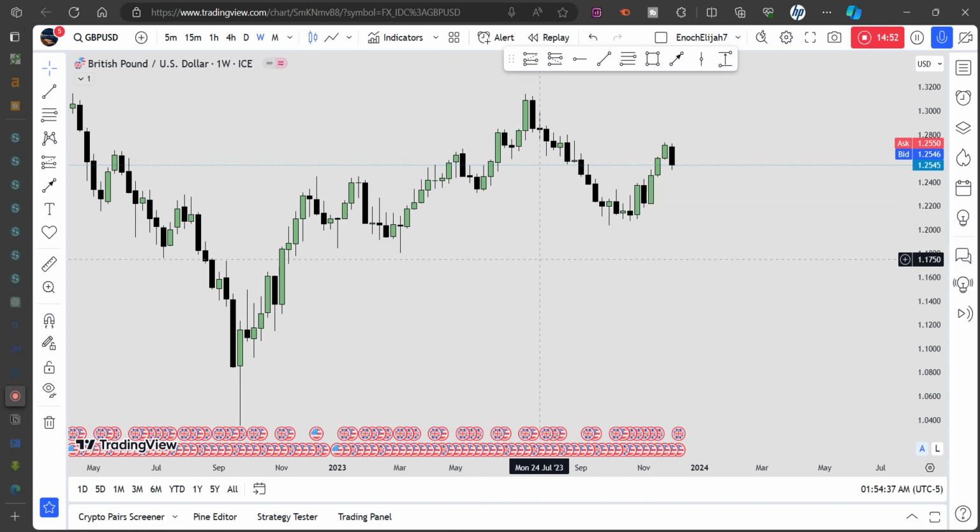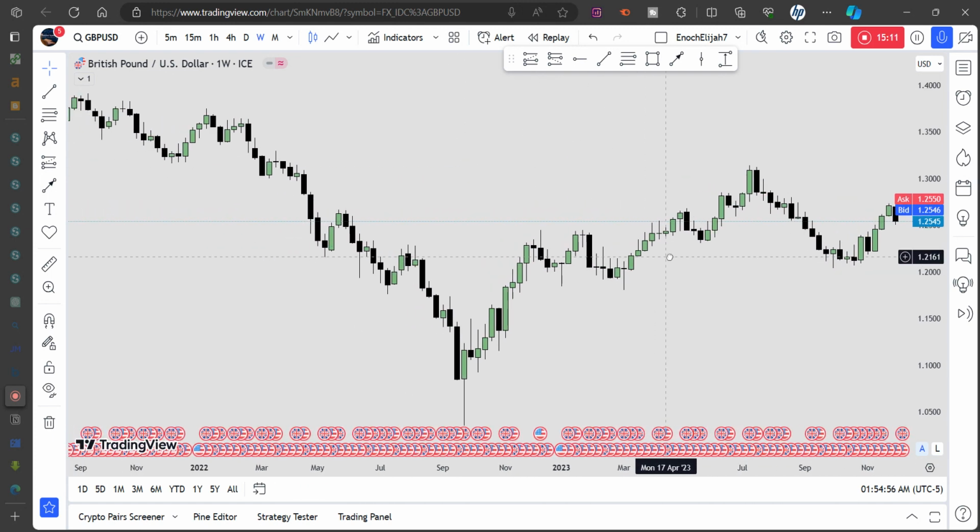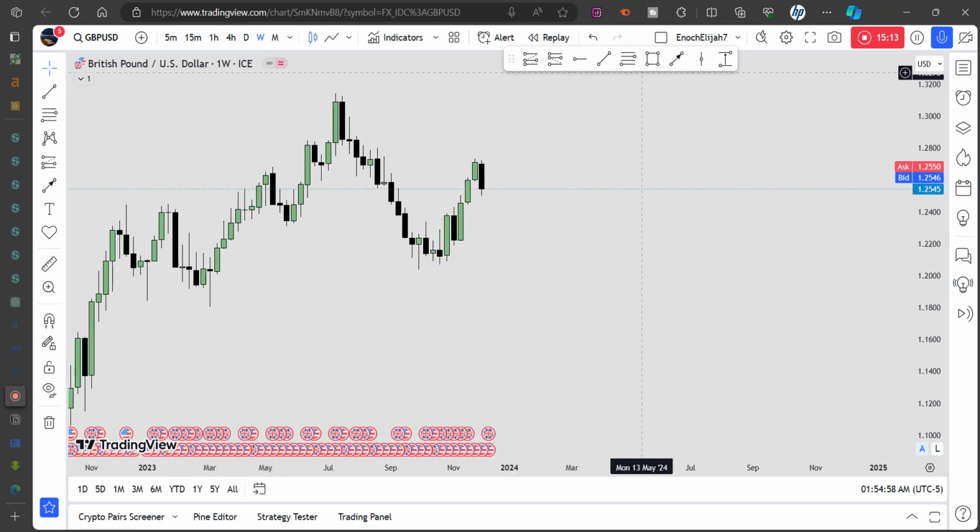Apart from liquidity, another thing price also does is to fill an imbalance. What does that mean? An imbalance is the gap between three candles. Let me show you an example of that. Let's say this is candle one, that is a candle, right?